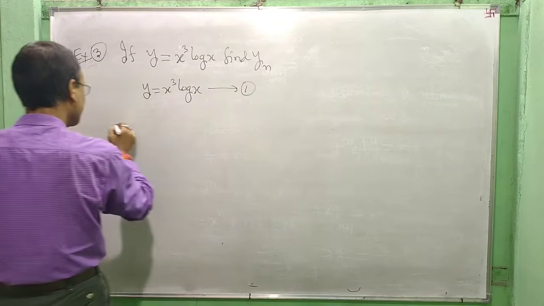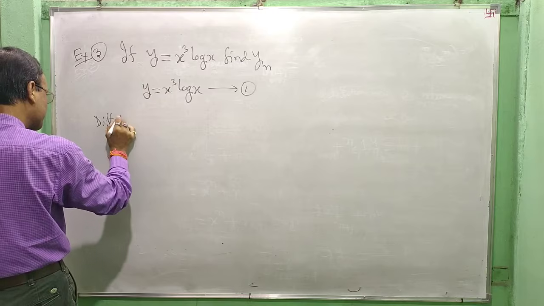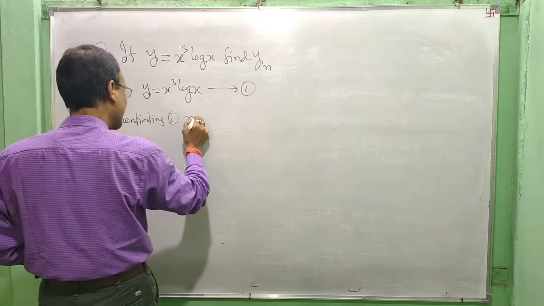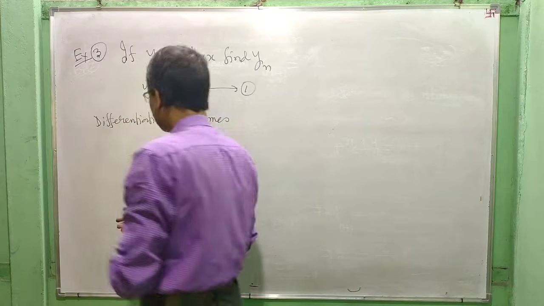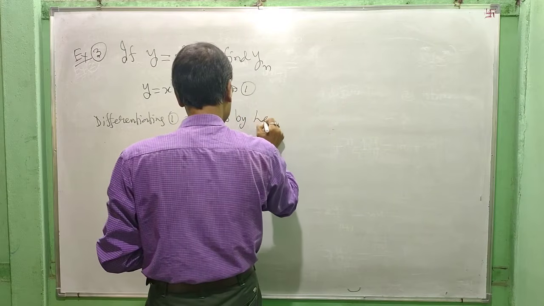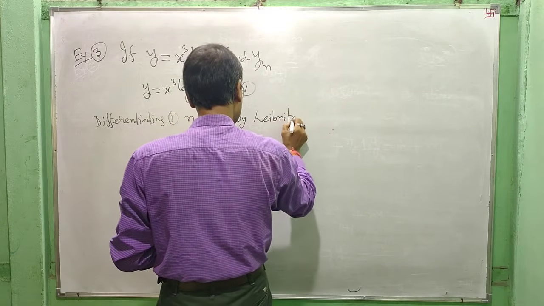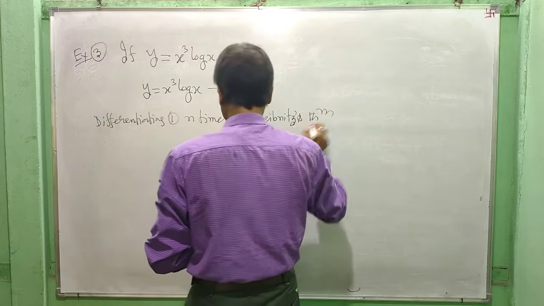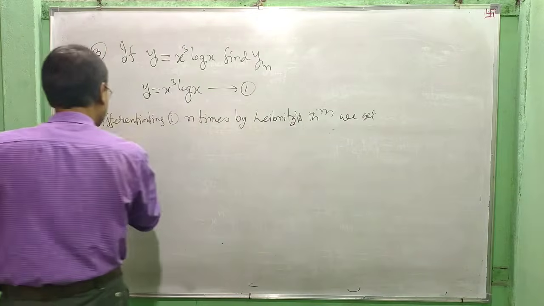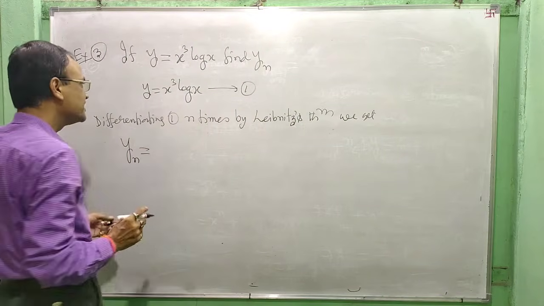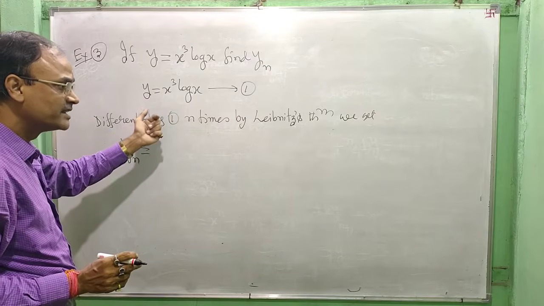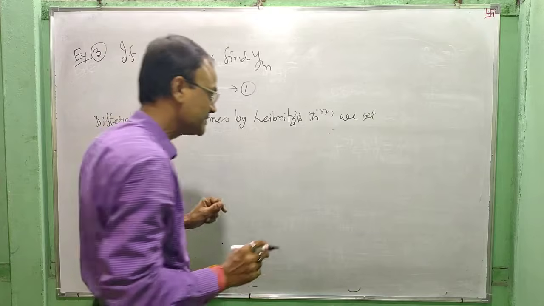Suppose this is number 1. Differentiating 1 n times by applying Leibnitz theorem, we get y_n is equal to u v_n.